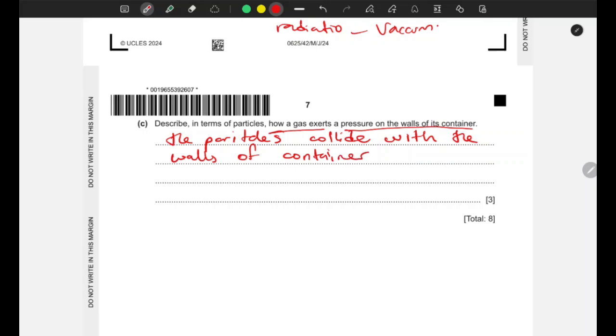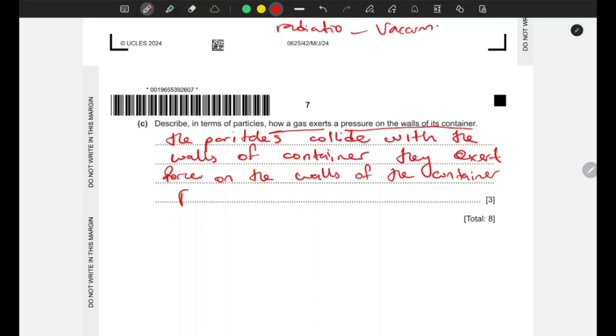So when they collide, they exert a force on the walls of the container.